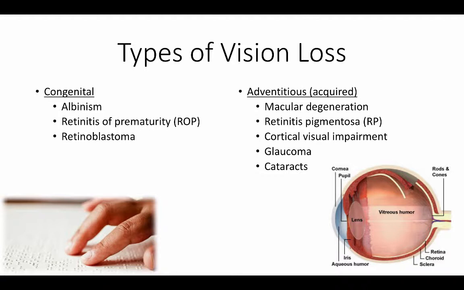So, moving on. Retinoblastoma. This can be congenital or acquired, and there are really no symptoms at first, so it usually does not get diagnosed until later in life, but always before the age of 5. It's a type of cancer that forms in the retina.